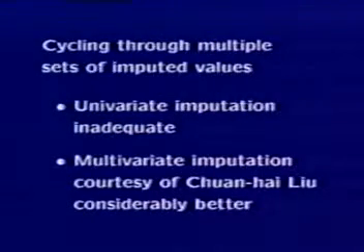Using brushing and cycling through multiple sets of imputed values, we could see that the initial univariate imputation scheme was quite inadequate. The imputed values we obtained from our colleague were considerably better, but we might still improve them.